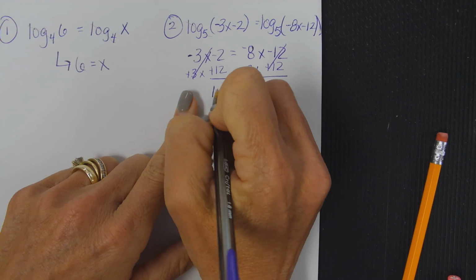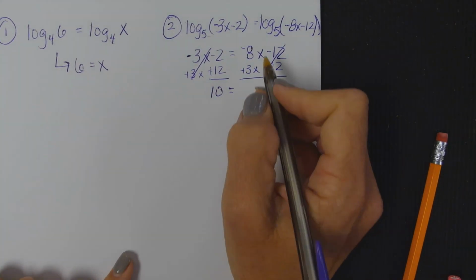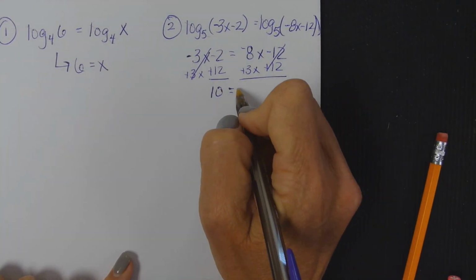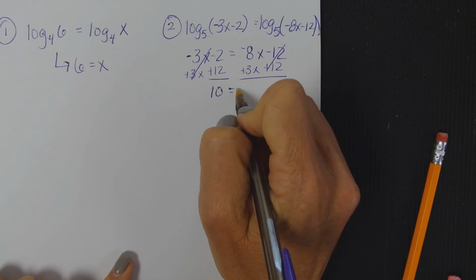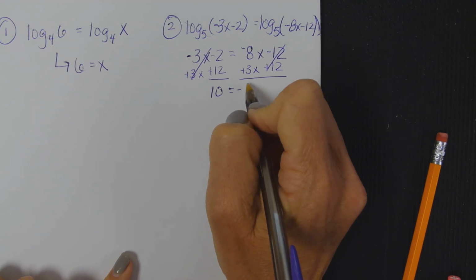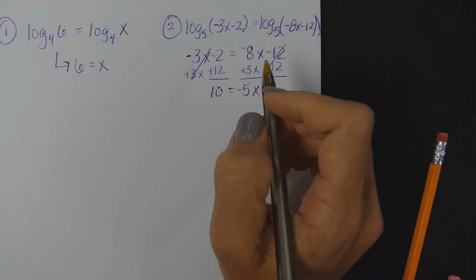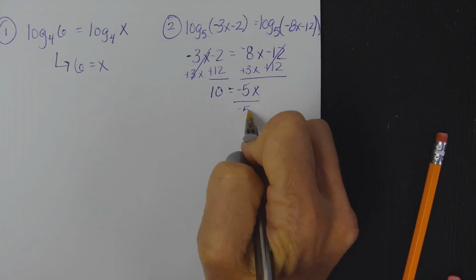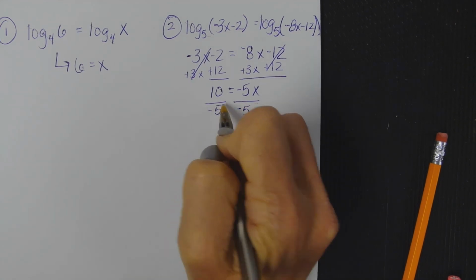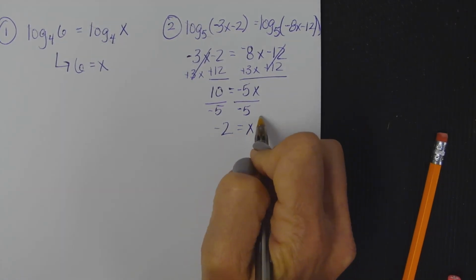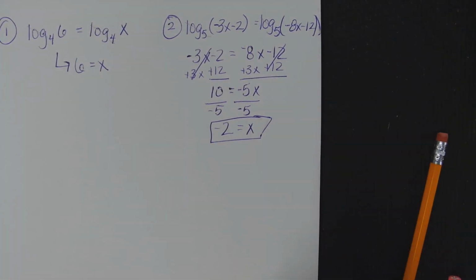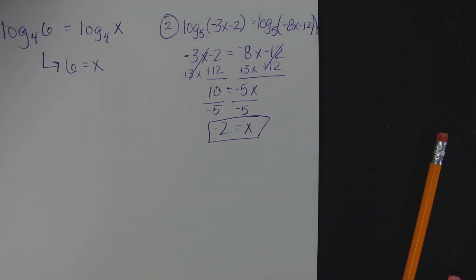Negative 2 plus 12 is 10, equals, how many x's do I have left? Be careful. Negative 5x. Oh, I did it the other way. That's fine. You still should get the same answer. Divide by negative 5, and what is x? Negative 2. Remember algebra, you can do your steps differently.